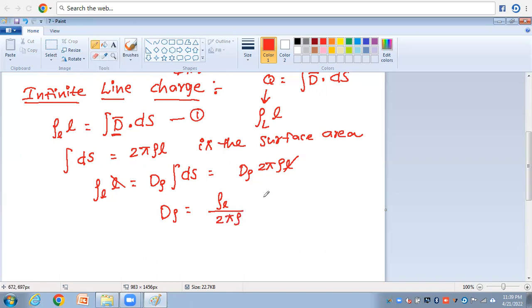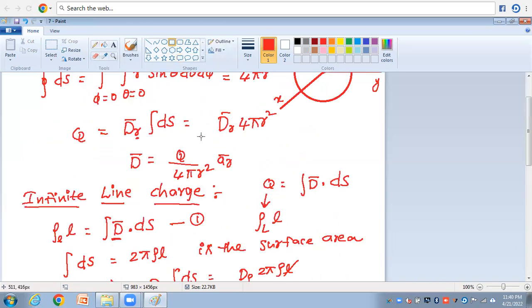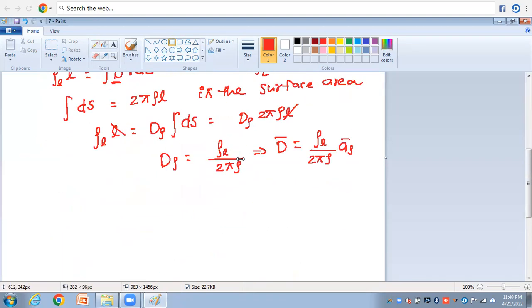If we consider the direction, this implies d rho, D bar equals rho L by 2 pi rho with the arrow direction. I will take the box of these two expressions, then it will be very, very easy to remember. This is one expression for point charge.